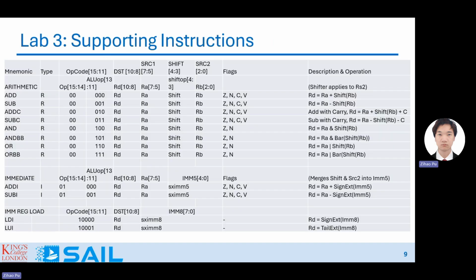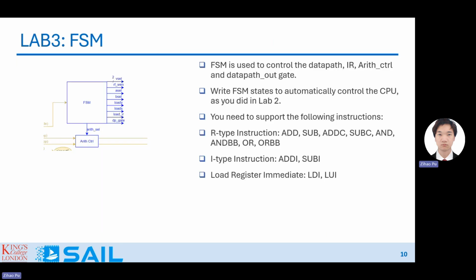All right, so this is a quick recap of the supporting instructions we have to deal with right now. In lab 3, you are going to support the following instructions. These are very simple instructions. Basically, we only cover R-type instructions, I-type instructions, and the load register instruction. In lab 3, you will not cover memories.